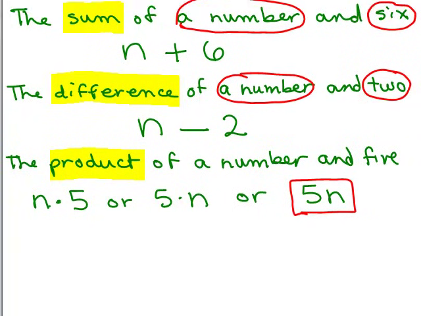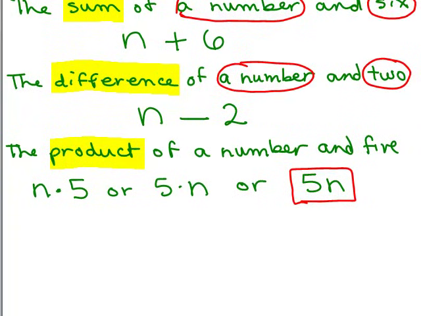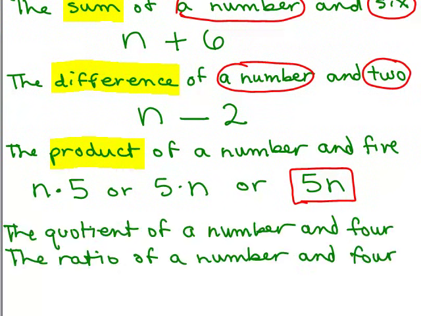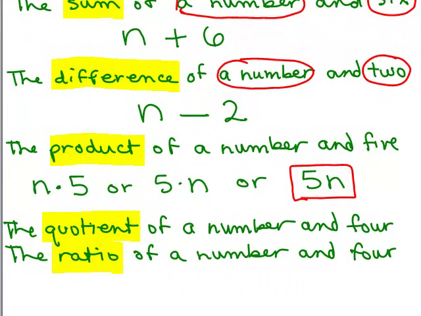The last one will be the quotient or ratio. Both quotient and ratio mean division, but we usually don't write the division sign when we're doing algebra.